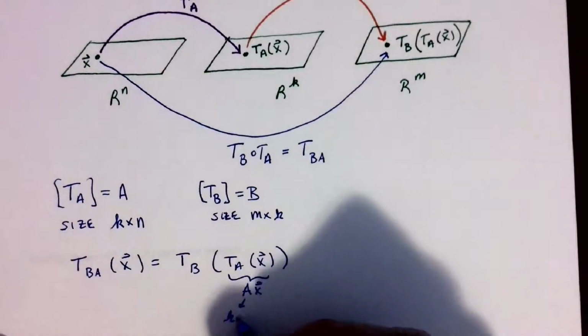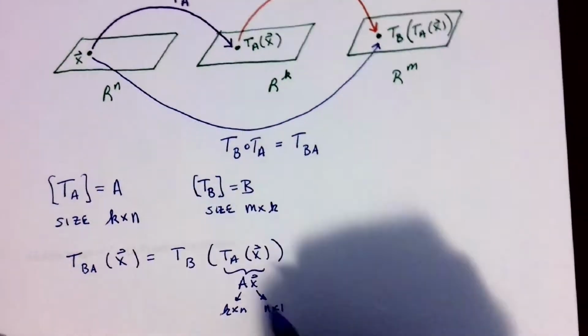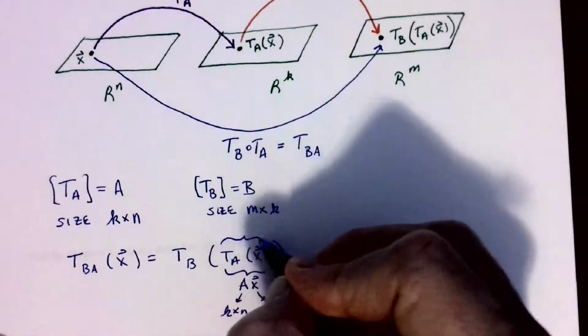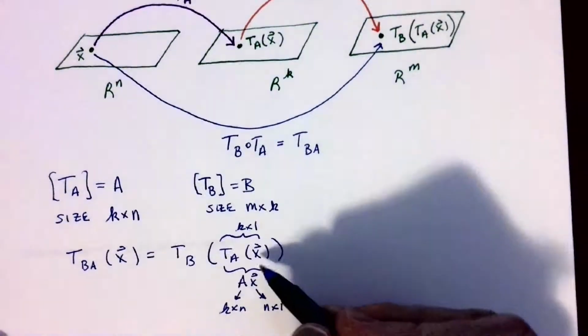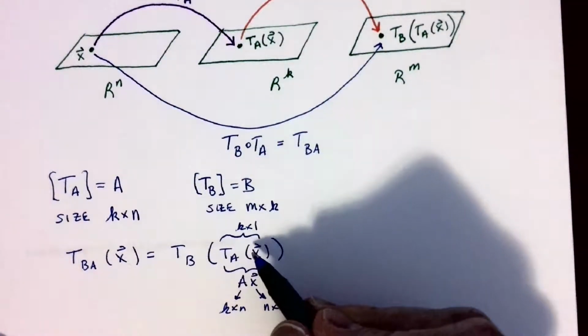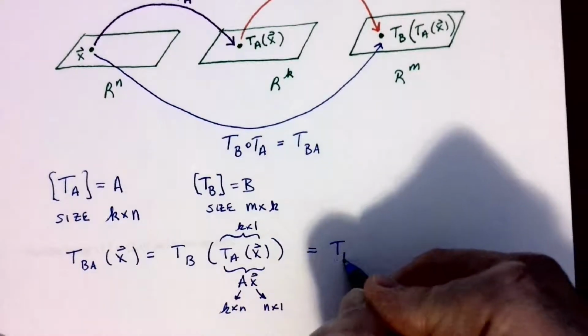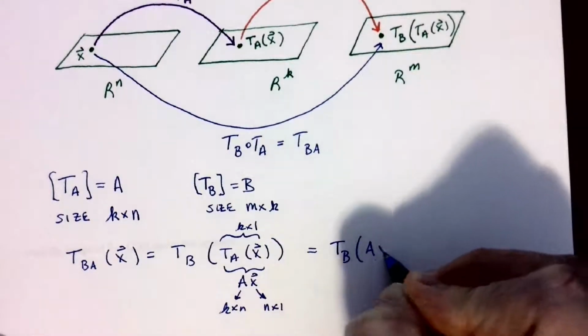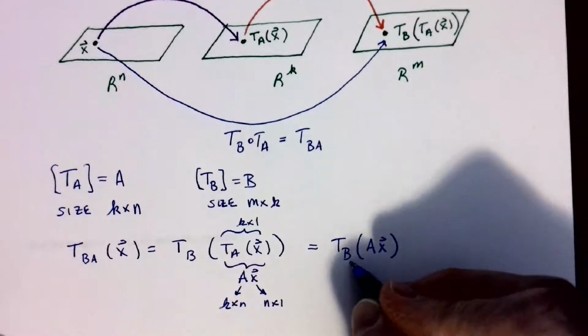K by n, and x is n by 1, which makes this whole thing what? A k by 1. As it has to be, it resides in k space, right? The image under transformation resides in k space, right? And so this is going to be TB of Ax, right, which is a k tuple. And how do I do that?